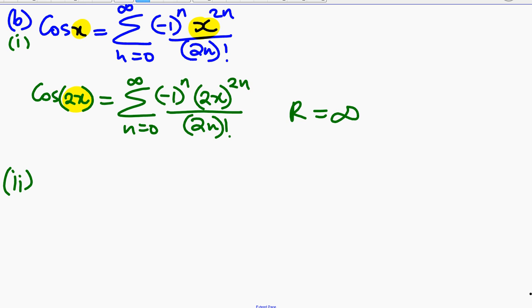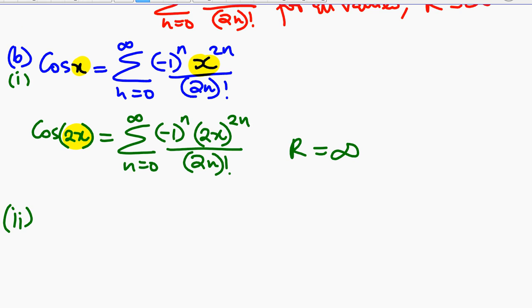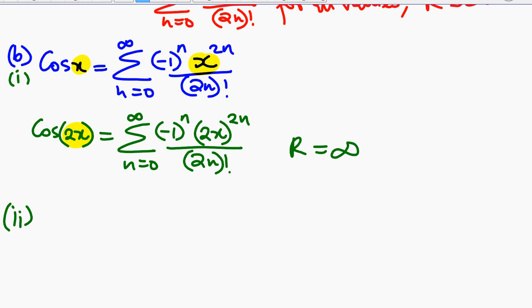B2, hence find the Maclaurin series expansion for sin x. So we have cos x, and we know that the interval of convergence is infinite.